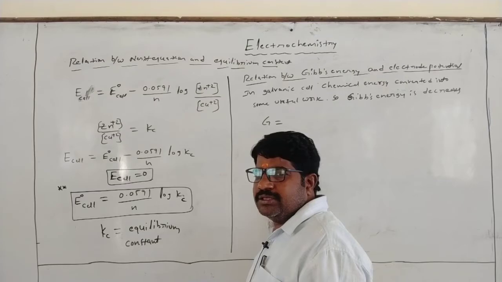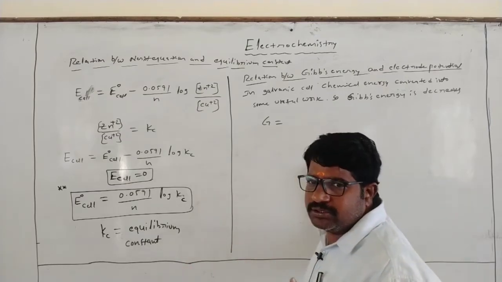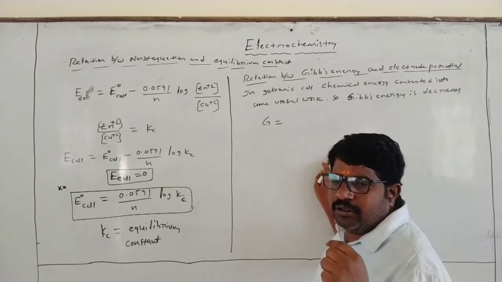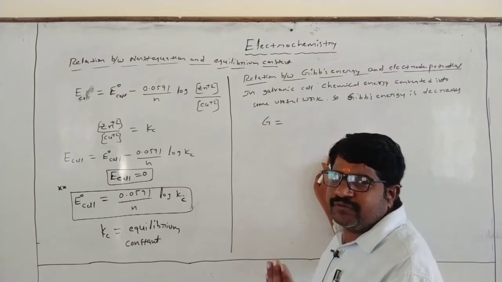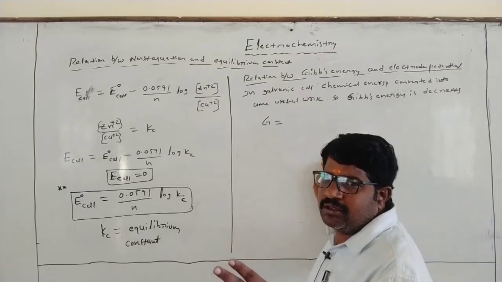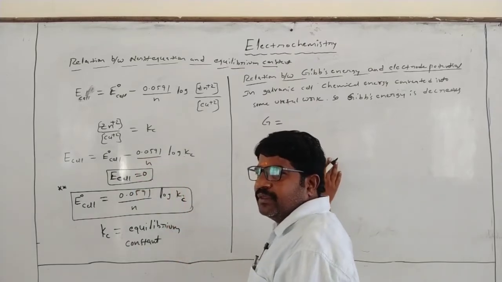How is chemical energy converted into electrical energy? If n moles of charge is passed, then the electrode potential is converted into electric energy.